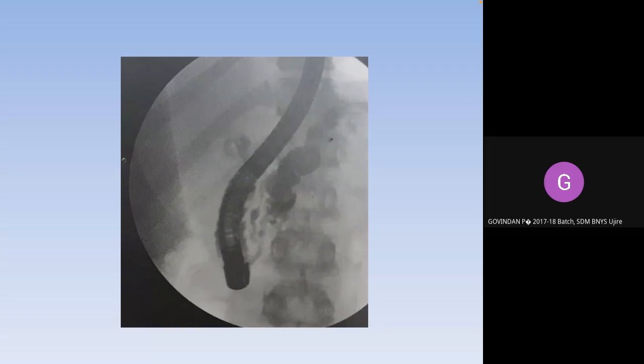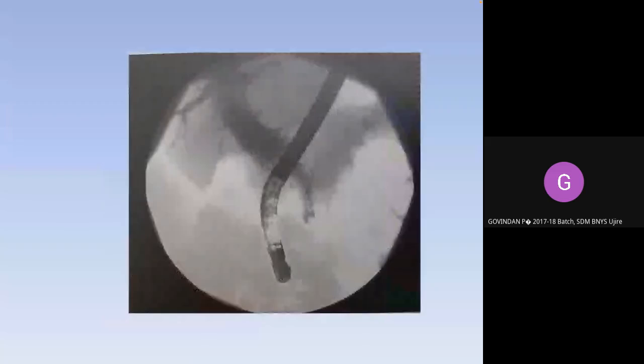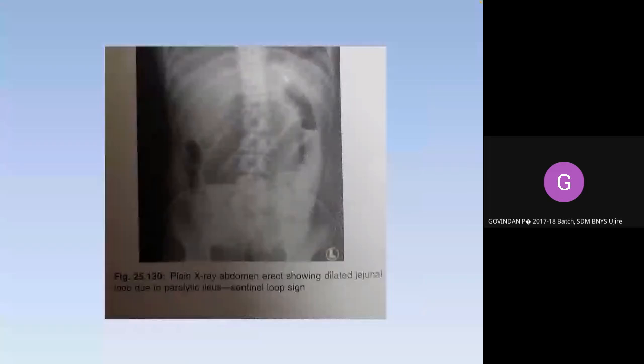Okay, this is too complex. Not required. Okay. This now we have dilated jejunal loops. We can see here, normally the jejunum is not this thick. What do you call the endoscopic pin or the contrast into the splenic artery also.